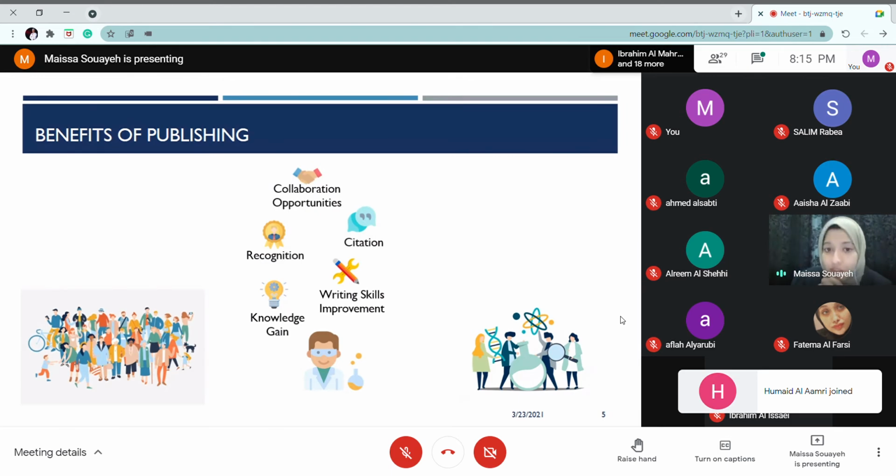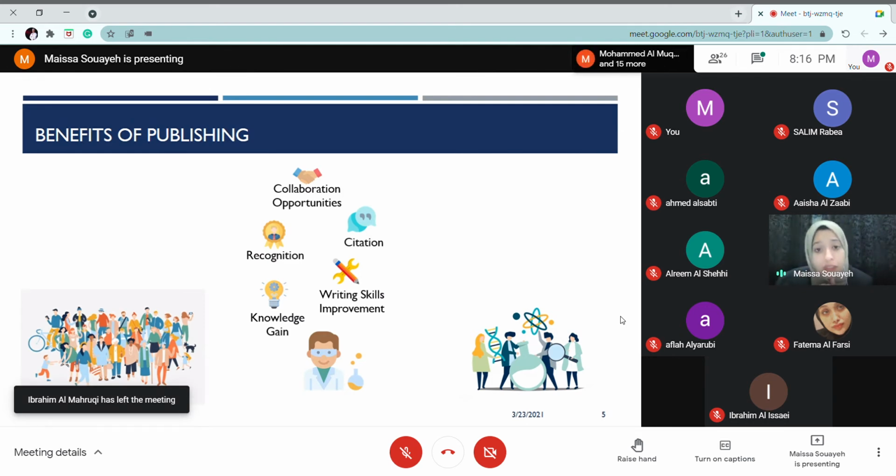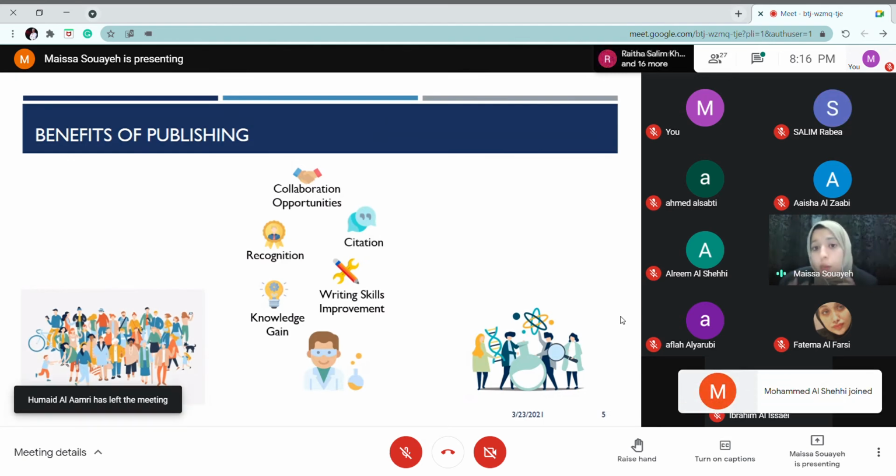Lastly, collaboration opportunities. When your work is published and available for many people to see, read and benefit from, people from different parts of the world will be interested to work with you. They'll think, okay, this researcher is doing an excellent job: the techniques he's using, the type of analysis he's doing, even the quality of his writing and the number of citations.